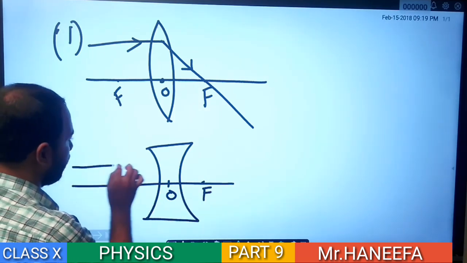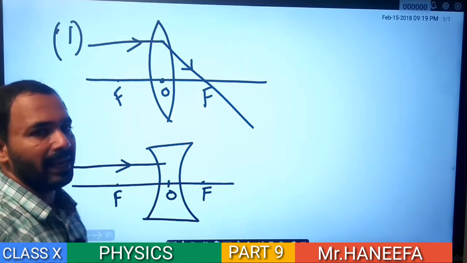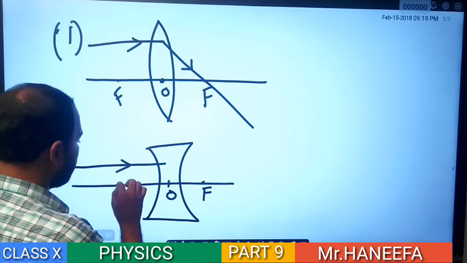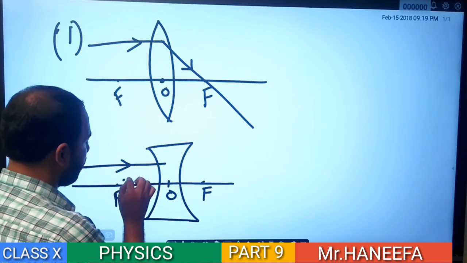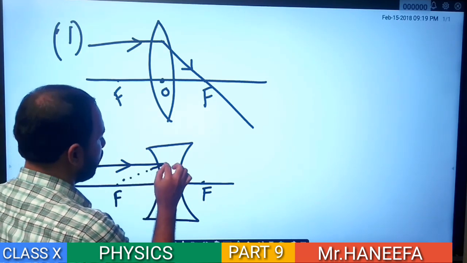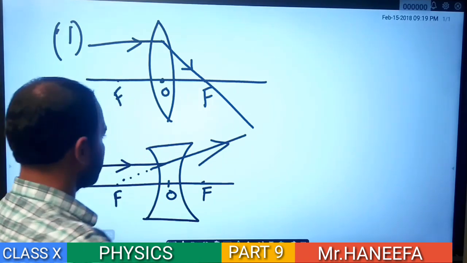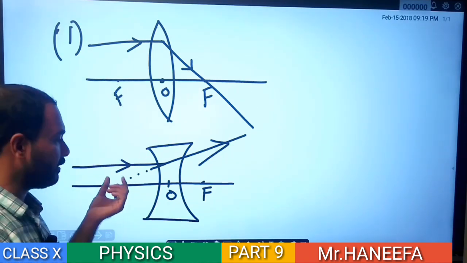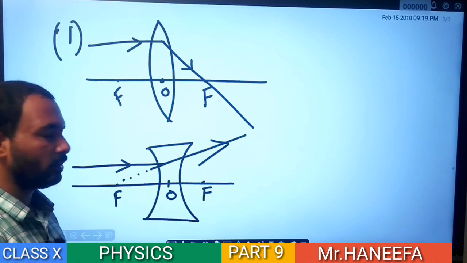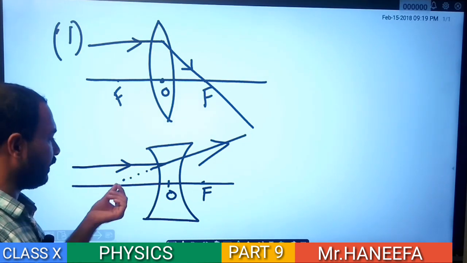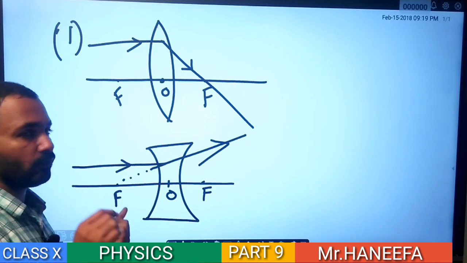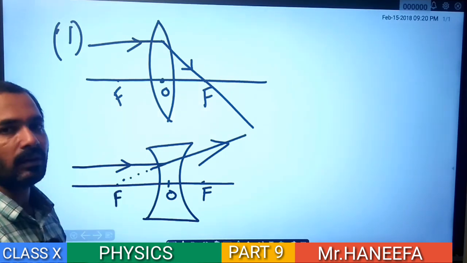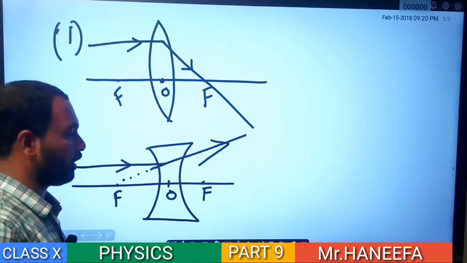a ray parallel to the principal axis, after refraction it diverges from a point on the principal axis, or diverges from the focus.